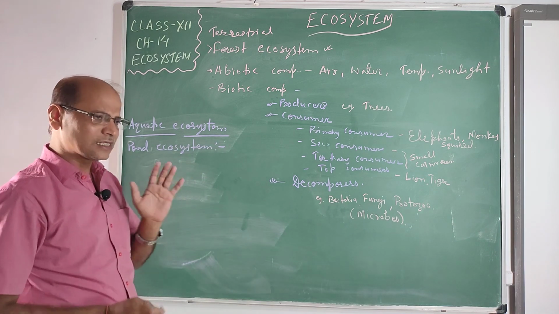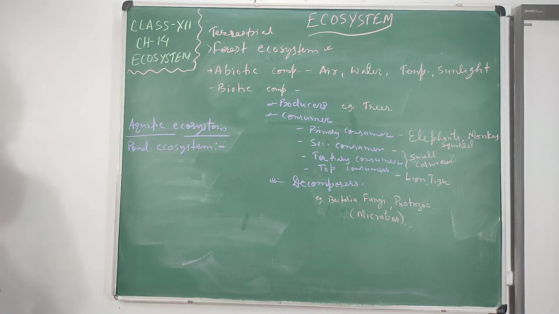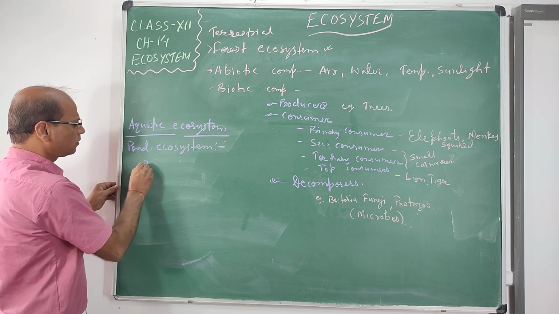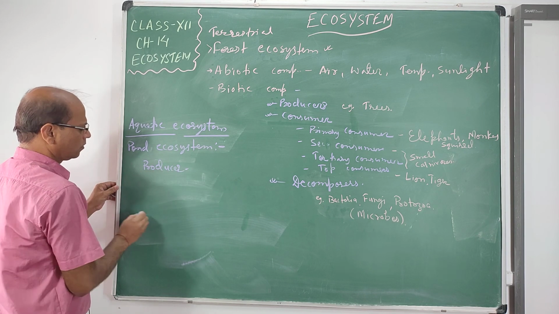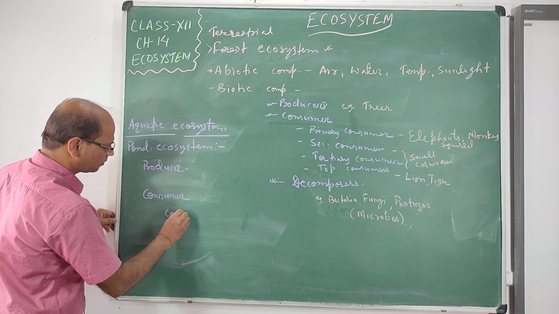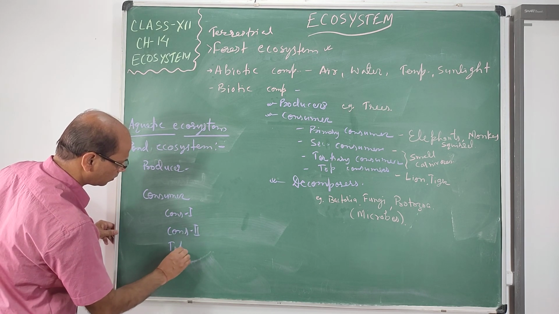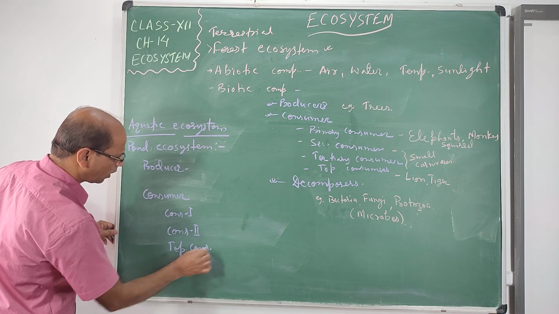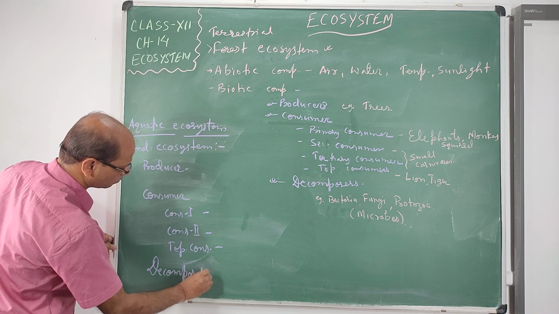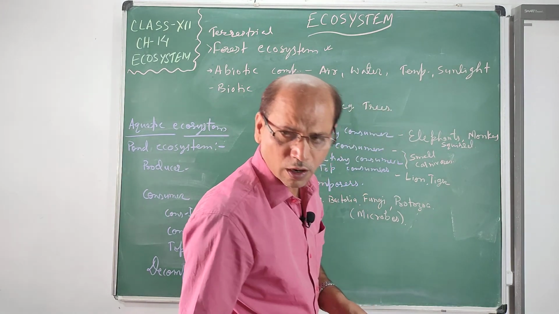In this ecosystem, there is the same thing, that is the producer, consumer 1, consumer 2, top consumer, and then decomposers.